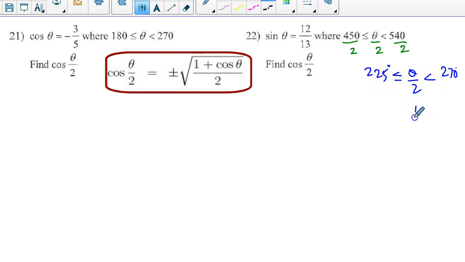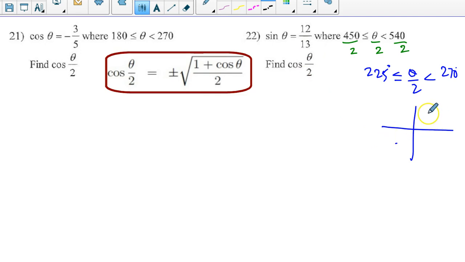So what is the quadrant we are looking at here? It is 225 to 270, right? We know that the first quadrant is 0 to 90, then 90 to 180, and then 180 to 270. So it is there in the third quadrant. So in the third quadrant, the value of cosine theta over 2 is negative.